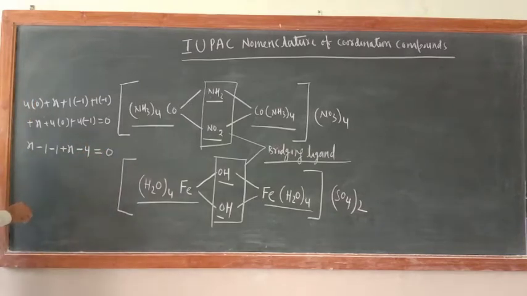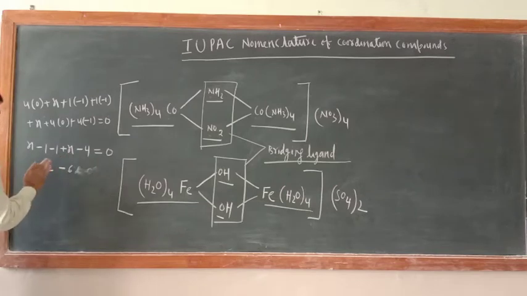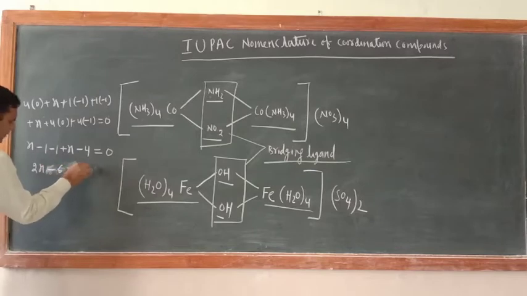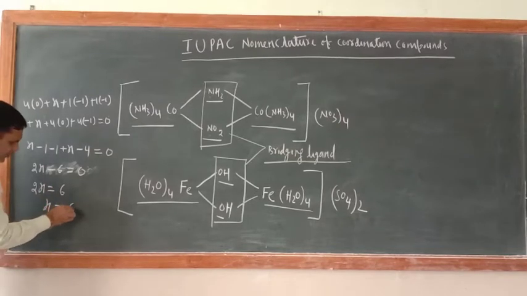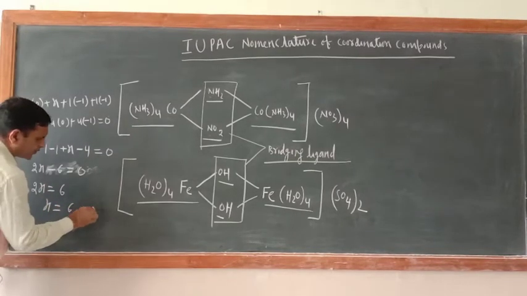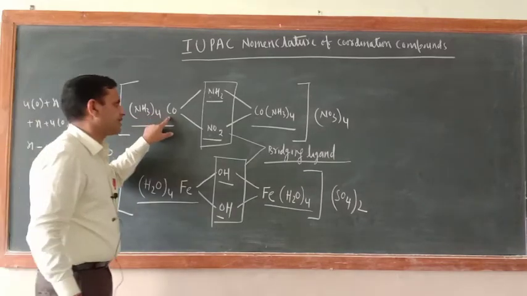So we can write this one, 2X minus 6 equal to 0. Correct? So 2X equal to 6. So X equal to 6 by 2, that is equal to 3. Means each cobalt will have 3 positive oxidation state.